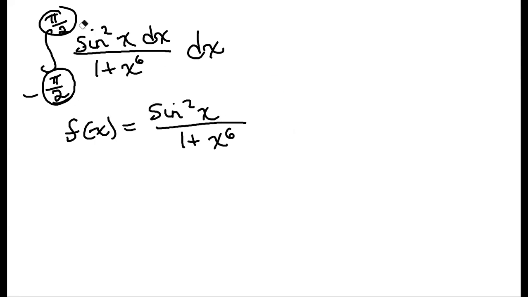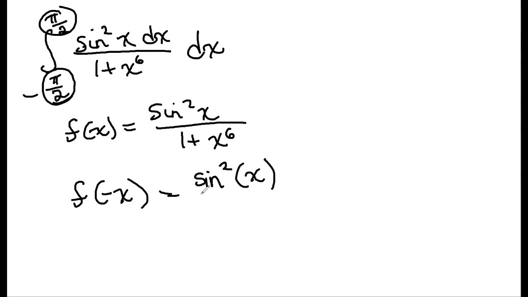We're just going to do the function, not the dx. And then I plug in negative x into f of x. So that would equal sine squared of negative x all over 1 plus negative x to the 6th.